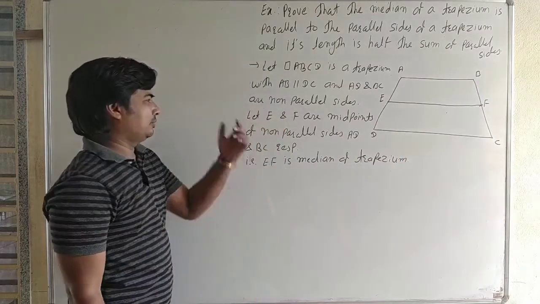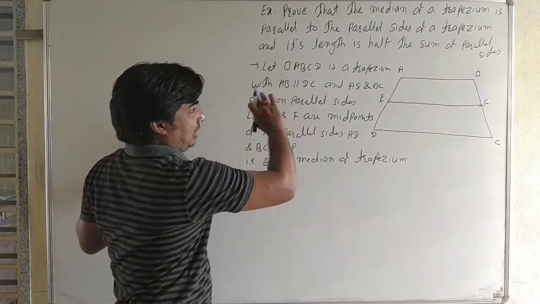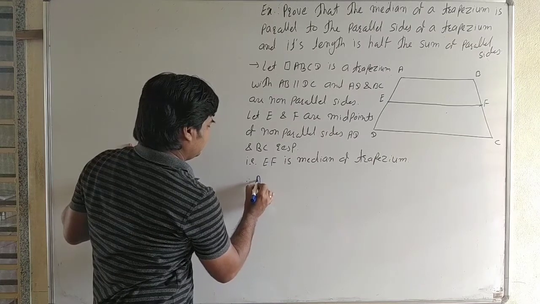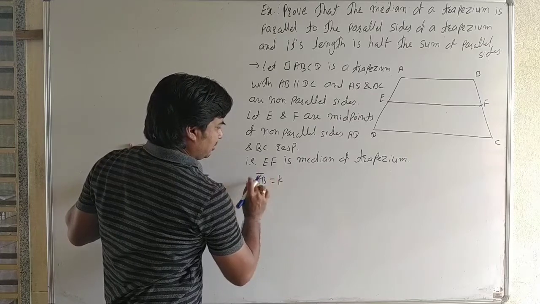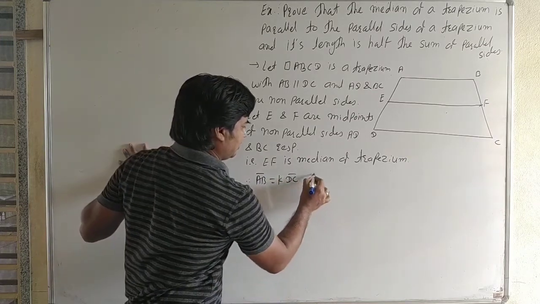Now here AB is parallel to DC, therefore we can write vector AB is collinear with DC, that is AB = K DC, where K is a scalar.